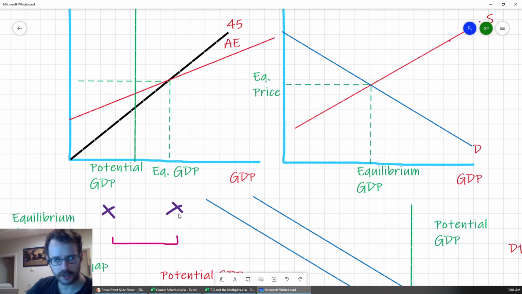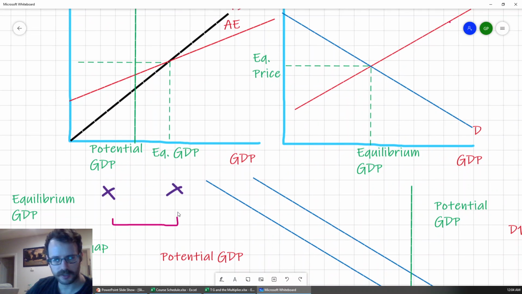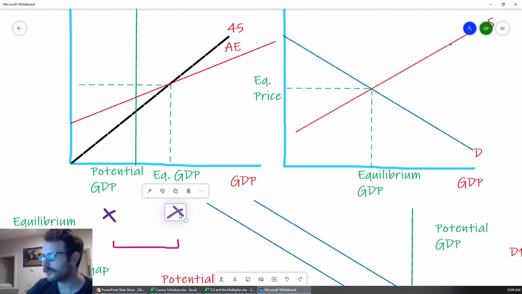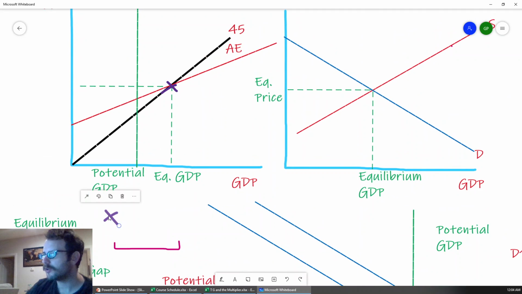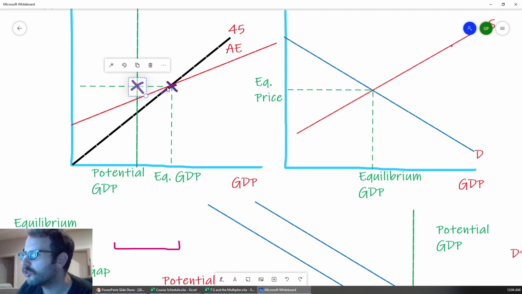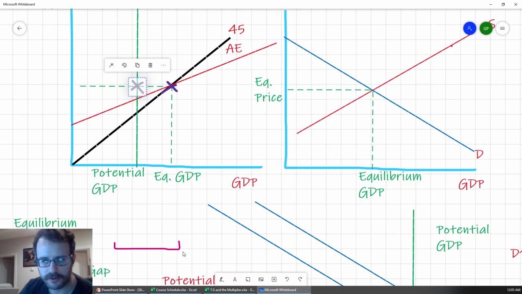So I just drew the purple markers for where the equilibrium is and where the potential is.